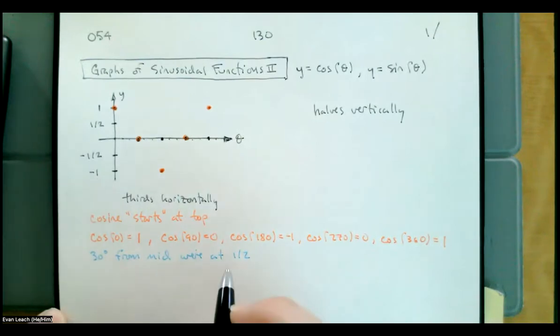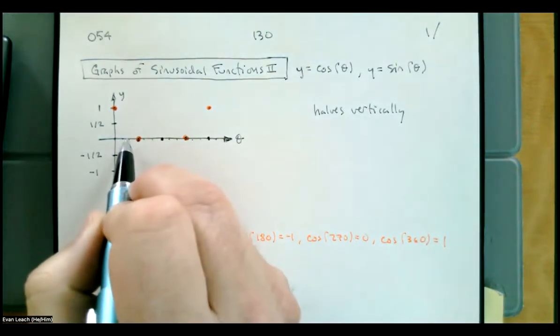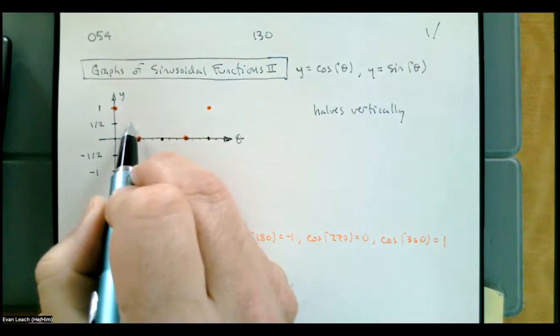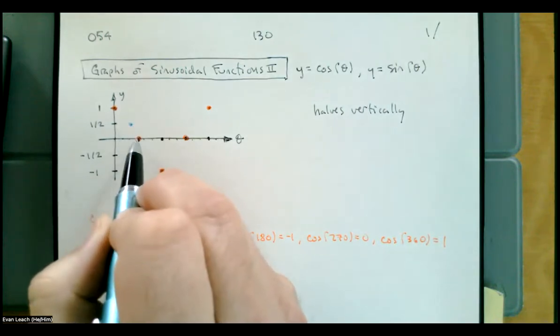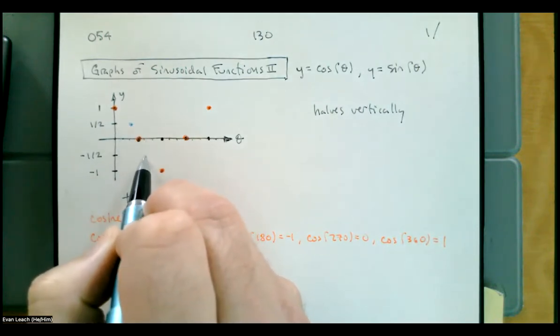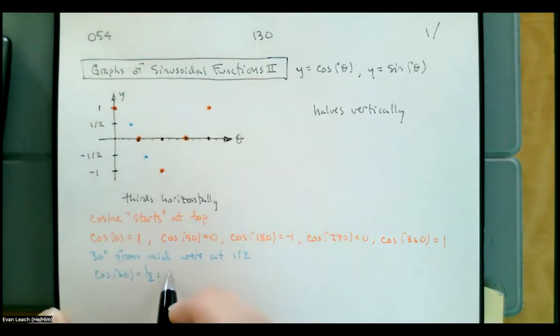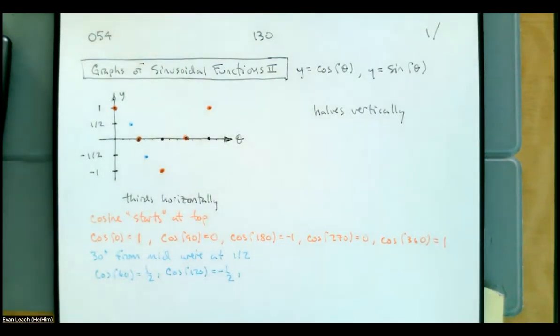So 30 degrees from the middle, we're at 1/2. That means that cosine of 60 is 1/2. That's why we did thirds, 30, 60, we're at 1/2. And then 90, 120, we're at negative 1/2. So 60 and 120 are 30 degrees on either side of the middle at 90.